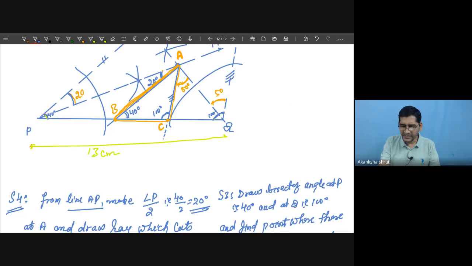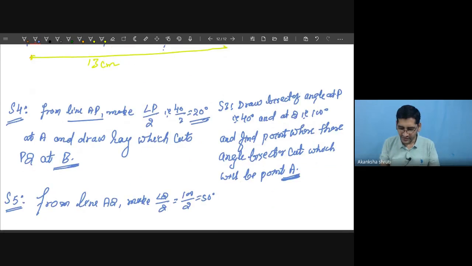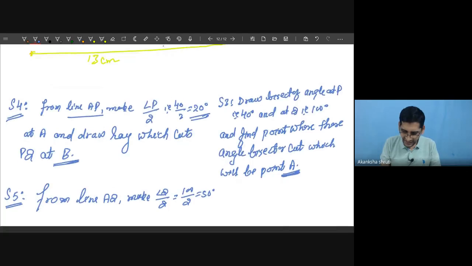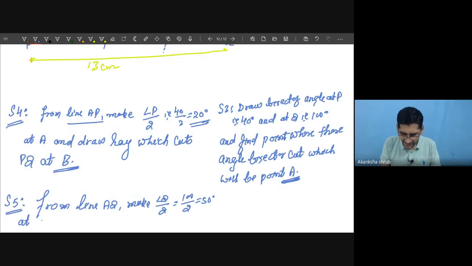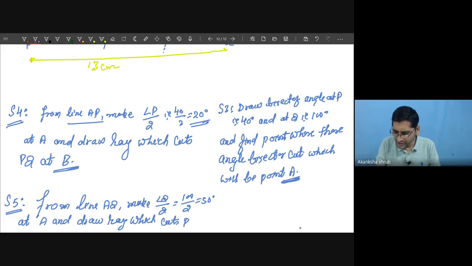This 50 degree is a ray which we have to draw, which is cutting this PQ. So this 50 degree at A, and draw a ray which cuts the same PQ at point C. This way the 3 points A, B, C are determined.